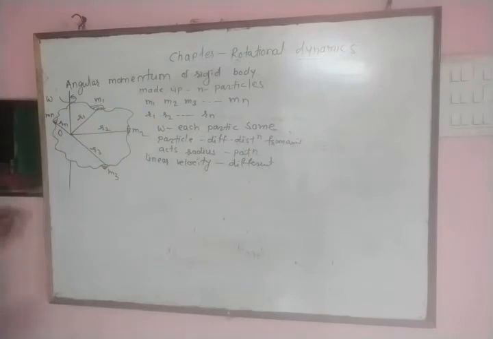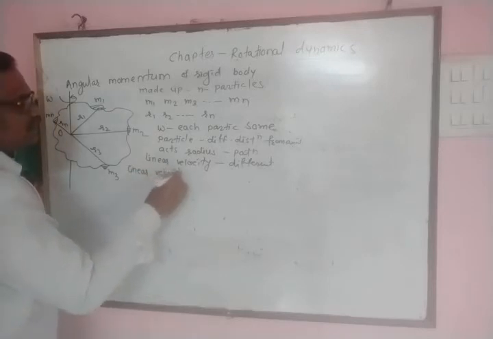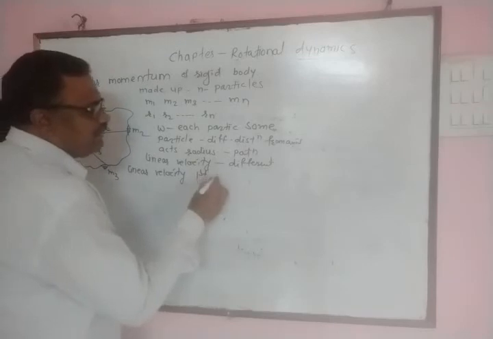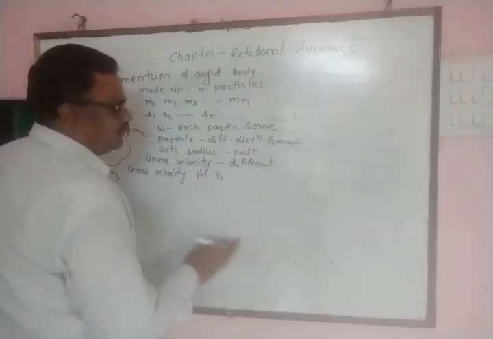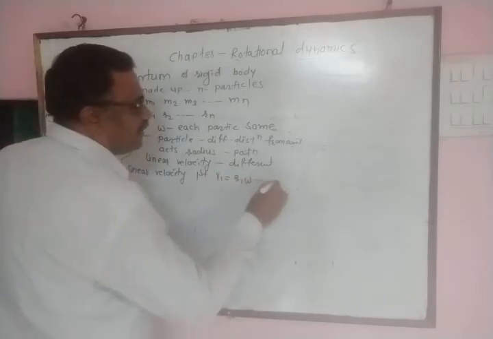Therefore we calculate the linear velocity of the first particle, denoted by V1, which is equal to R1 into omega.